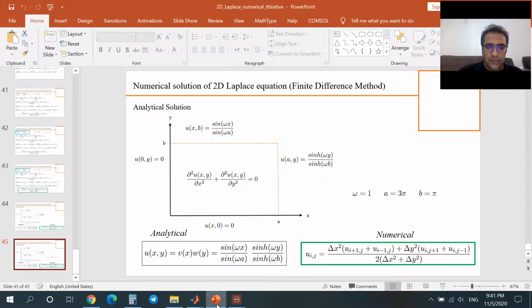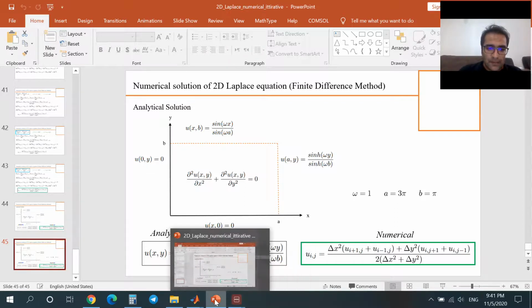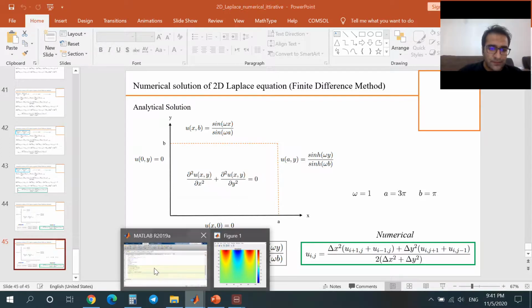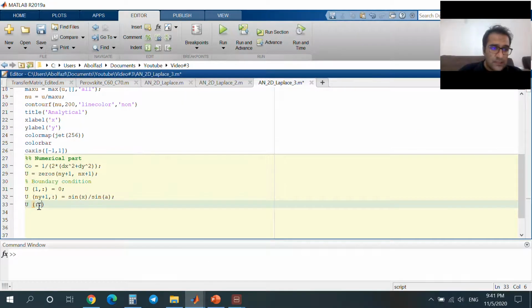And the left boundary, it says that at all rows and the first column, it should be 0. And this command, all columns and the first row, it should be 0.